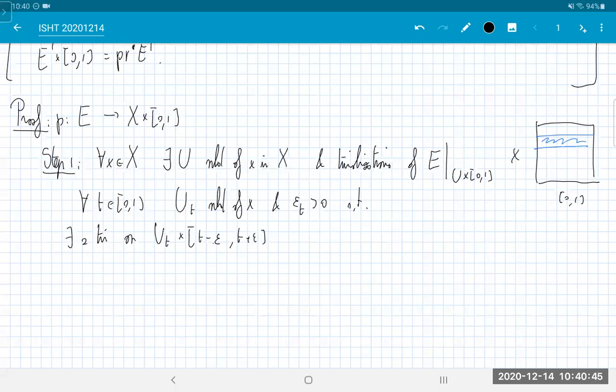Since every neighborhood of (x, t) contains a smaller neighborhood of this form.